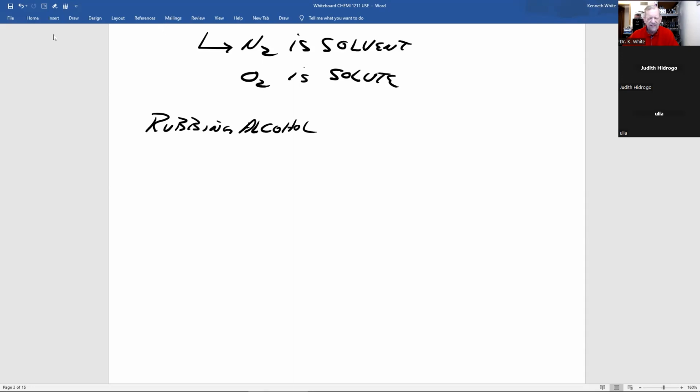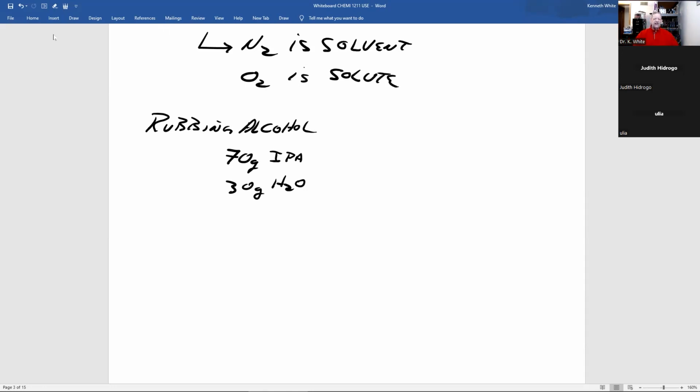I think a lot of you have rubbing alcohol in your house. I know I have it, and they have different types now. A common type is 70% or 70 grams isopropyl alcohol, which is abbreviated IPA for people who work in the chemical industry, and 30 grams of water.